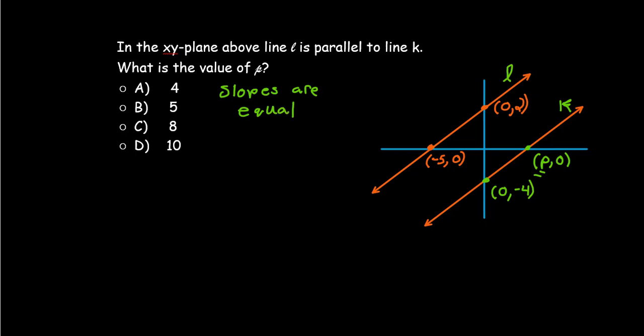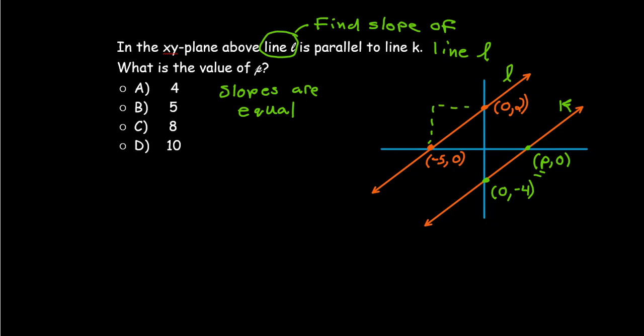What I can do is find the slope of line L and potentially use that, using my rise over run.